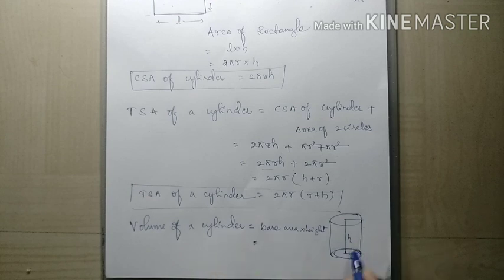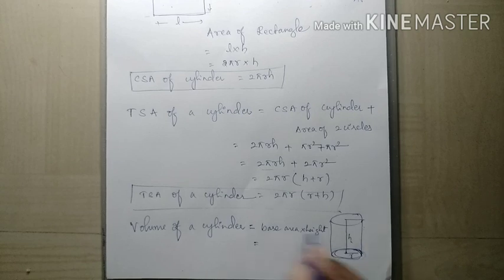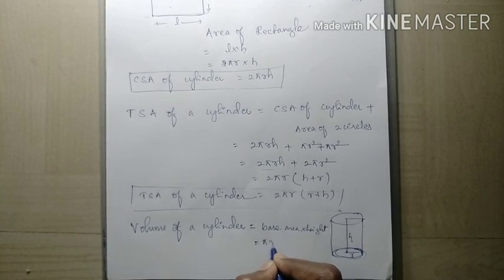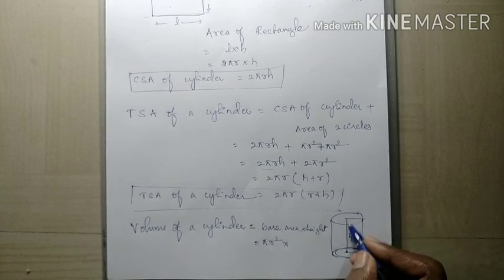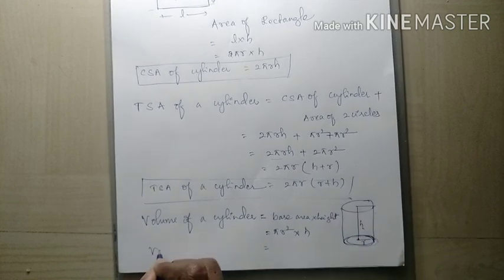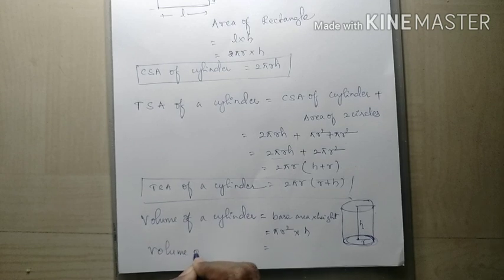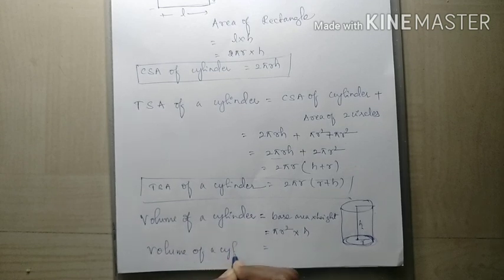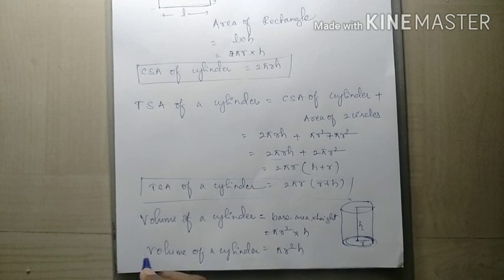The base is nothing but the area of a circle, that is pi r square, and the height is h. Therefore, the volume of a cylinder is pi r square h.